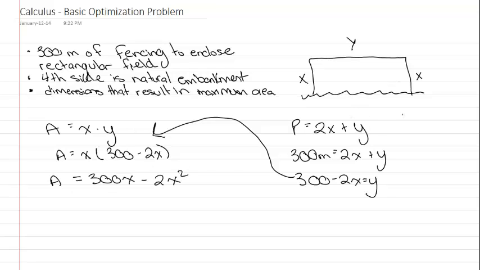Okay. Now that I have that, I need to say, what am I looking for? Okay, I'm looking for the maximum area. So what kind of properties do I know about when the maximum occurs and what that looks like? So go back to this equation. This is telling you the area. This is a parabola, and it has a maximum because this -2 is my a value. This is just simple math again.